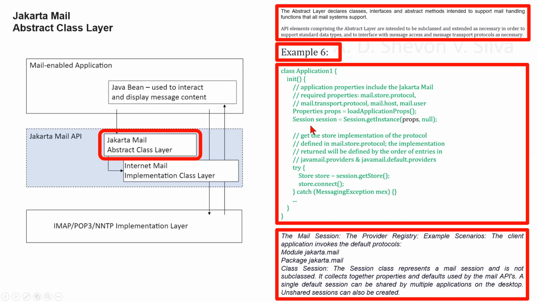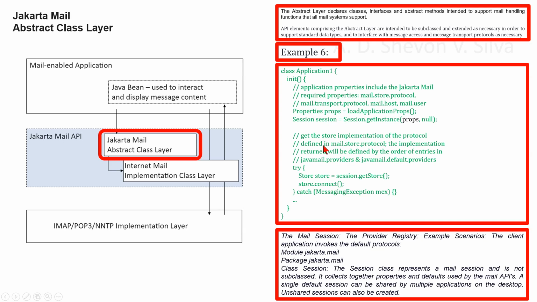The Session class represents a mail session and is not subclassed. It collects together properties and defaults used by the mail API. A single default session can be shared by multiple applications on the desktop.